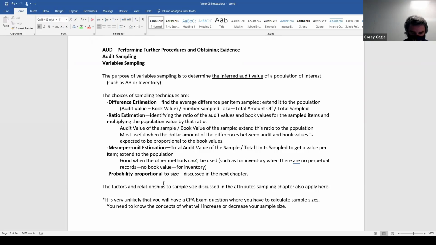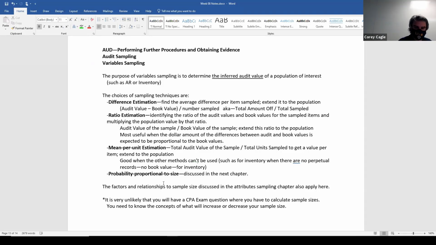We're looking for misstatements, right? So we've got our sample and we're looking for misstated things that have found their way into the financial statements, and then we're projecting that estimate out to see if we're okay with the final balance, right? So that's the purpose of variable sampling.